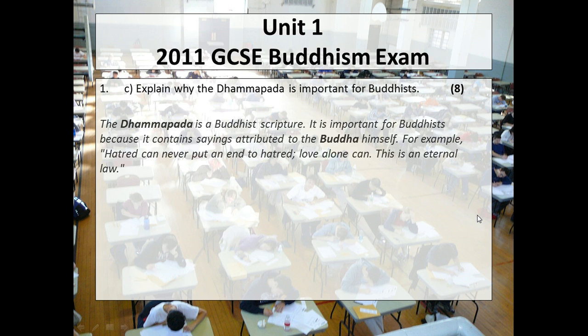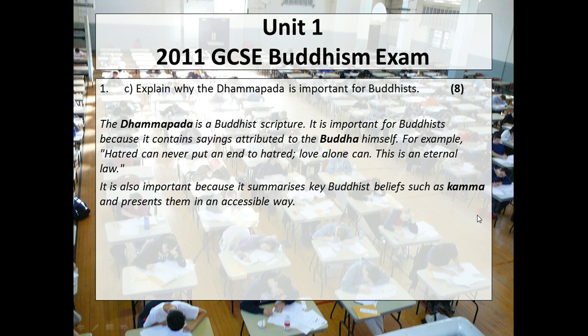The Dhammapada is a Buddhist scripture. It is important for Buddhists because it contains sayings attributed to the Buddha himself. For example, hatred can never put an end to hatred, love alone can. This is an eternal law. That's one developed reason. It is also important because it summarizes key Buddhist beliefs such as karma and presents them in an accessible way, in a way that's easy to understand, in other words.